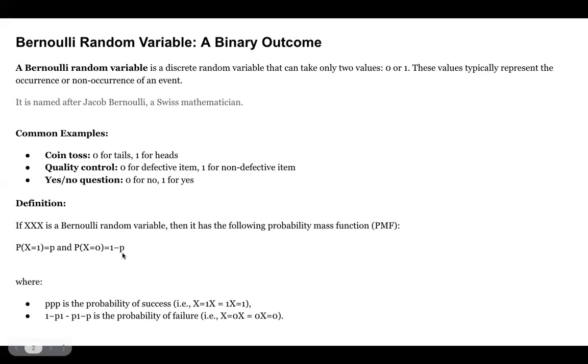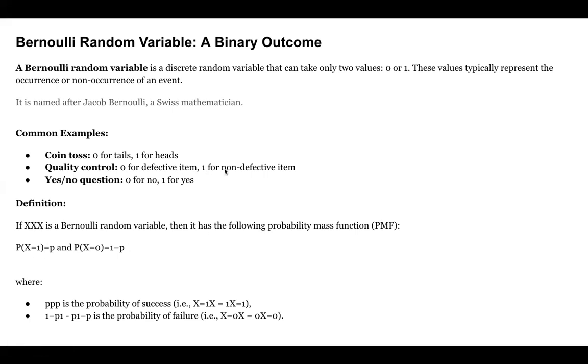So when you toss a coin, it would either be heads or tails. It cannot have a third value. When you do random flipping of coins, 50% of the time you are likely to get heads, 50% of the time you are likely to get tails. So that is what it is for a coin toss.